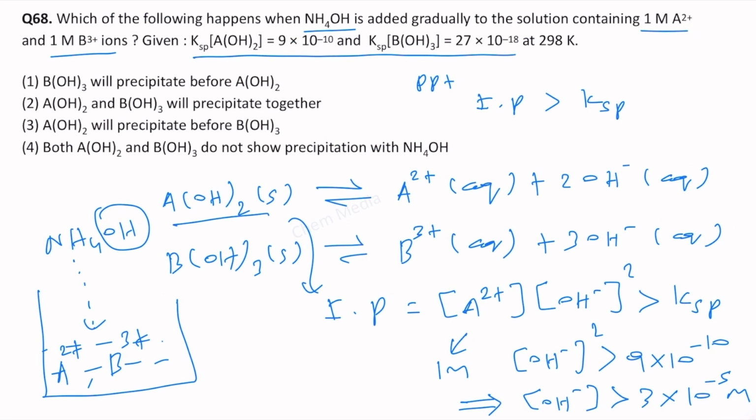Because here it is 3 times 10 to the power minus 5 and there it is 3 times 10 to the power minus 6. So therefore we need a smaller OH- concentration to make a precipitate of BOH thrice. This means BOH thrice will precipitate before AOH twice. So therefore option 1 is the correct choice here.